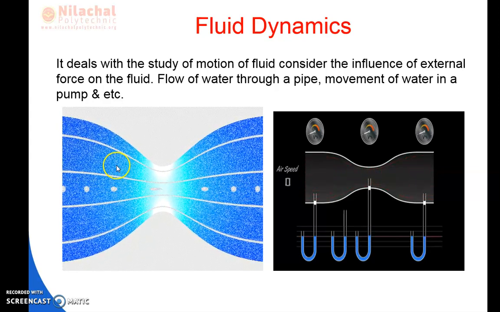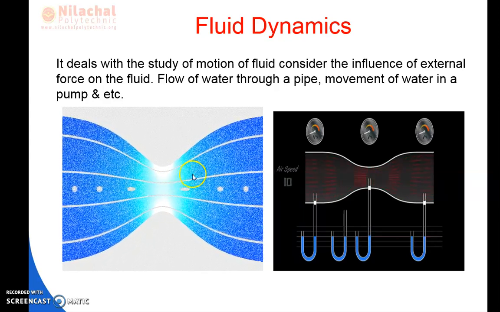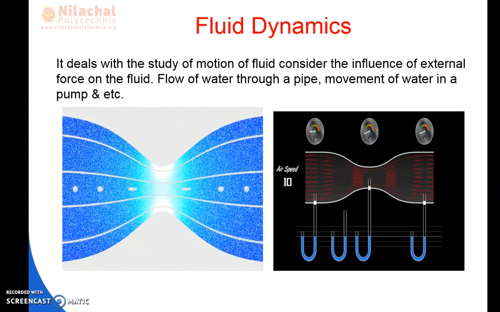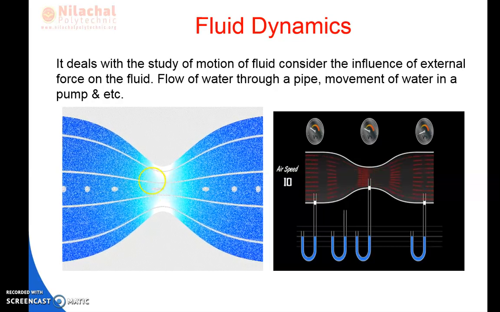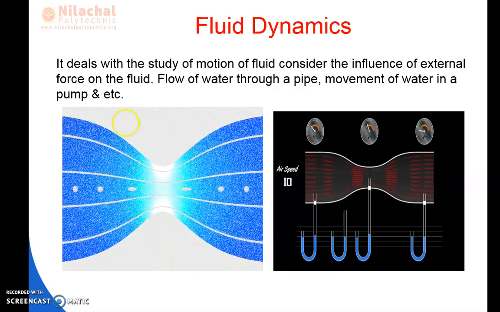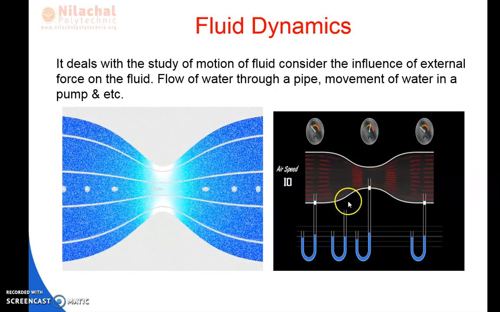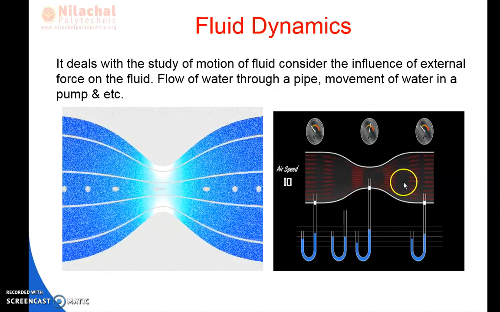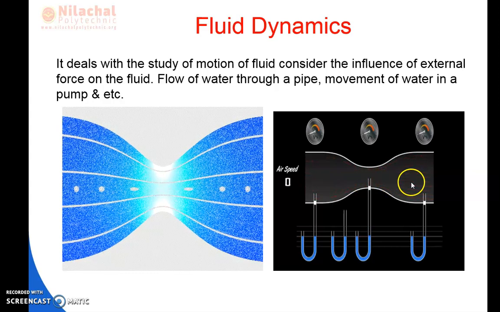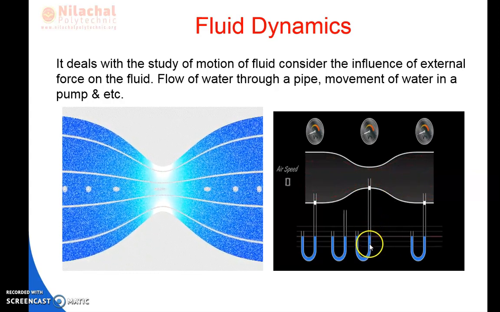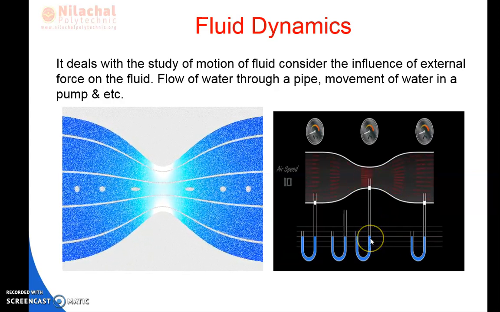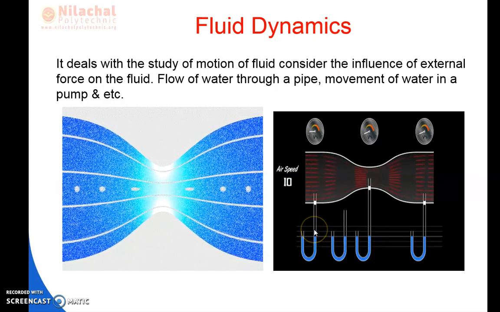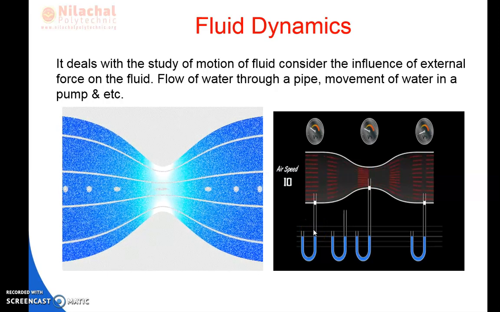We are going to see that the velocity may decrease or increase. So that is the main point, that a force is applied due to which a motion takes place. Similarly, there is a venturimeter. We have seen that due to the movement of the water inside the venturimeter, the level of mercury changes across the U tube. This is known as fluid dynamics.